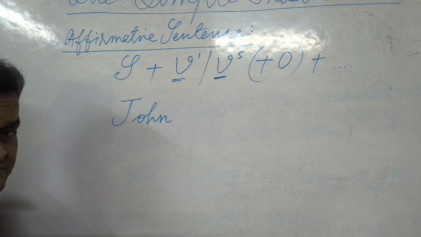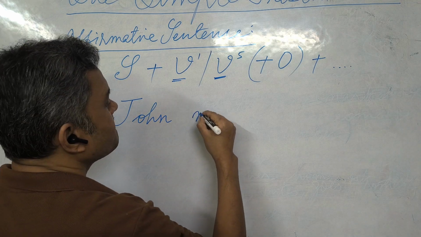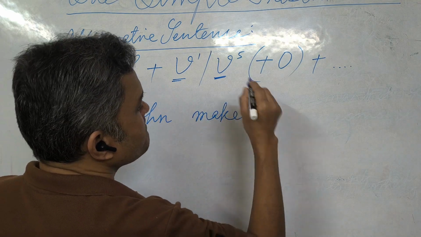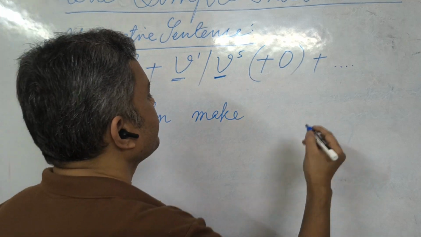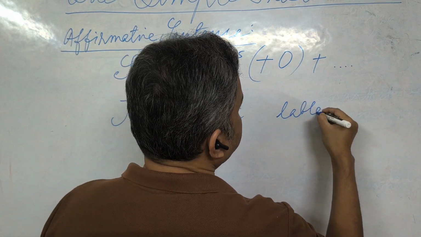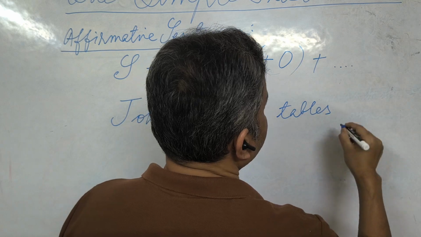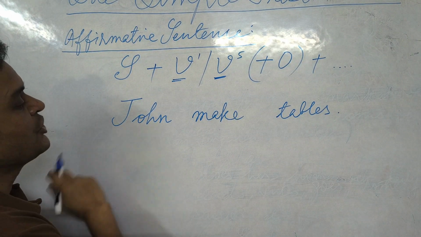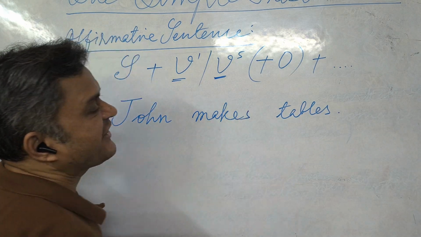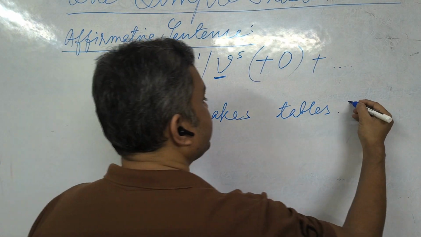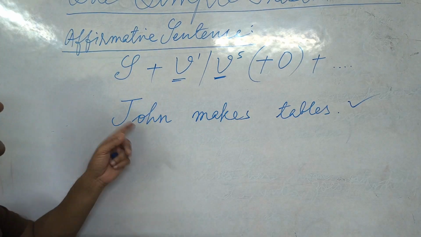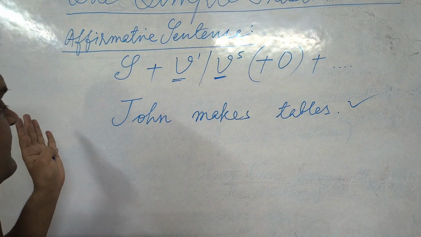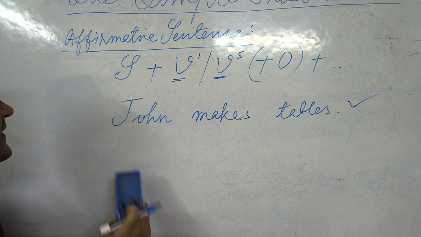"John make tables." Again, it is incorrect. We will say John makes tables. Then it will be correct. Usually people make such kinds of mistakes.